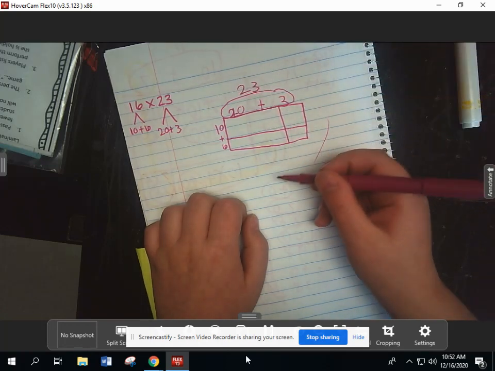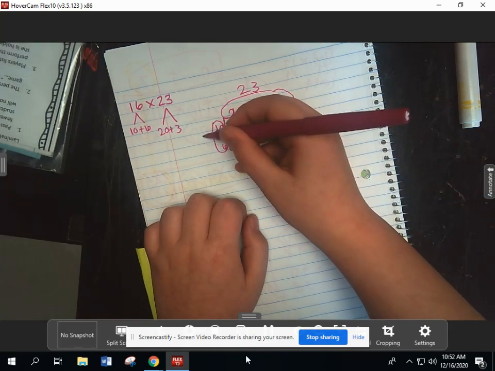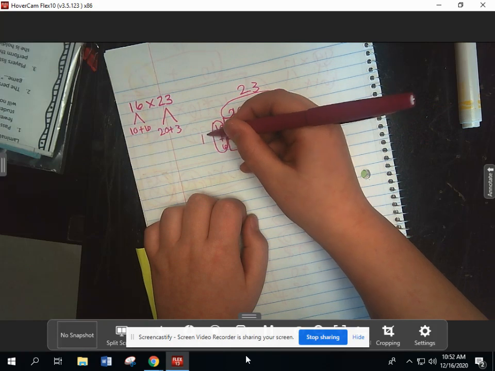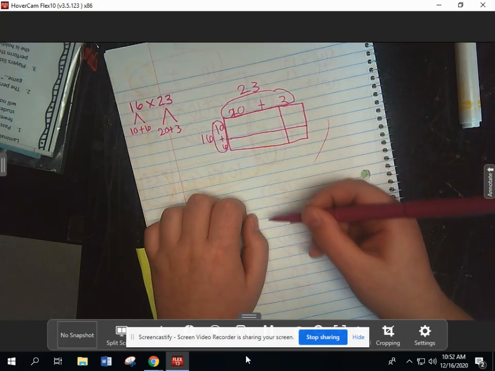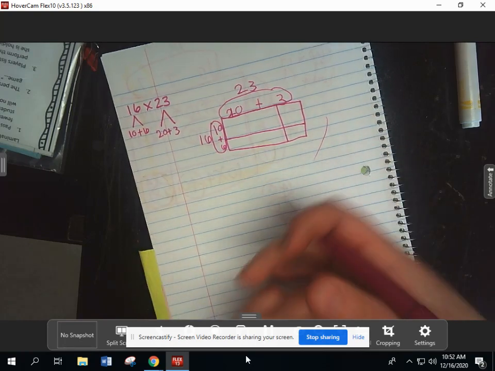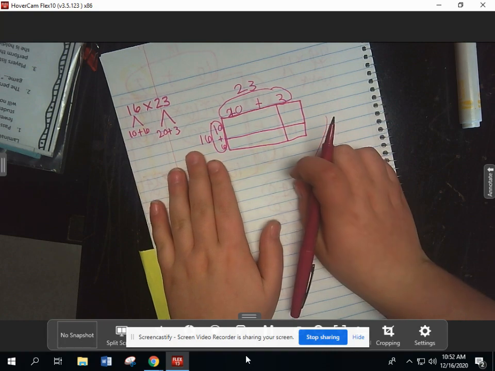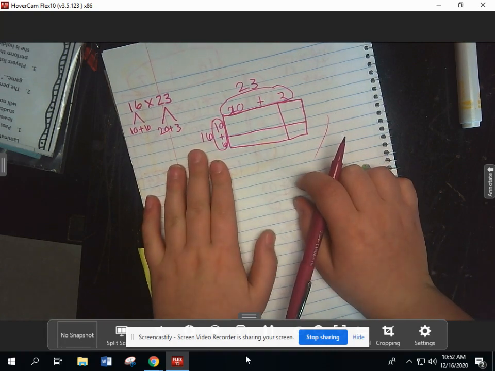Okay, good. I see a 23 in our original problem. Okay, good. I see a 16 in our original problem. Eventually, you won't need to do this. You'll have the procedure so down, you won't have to do that anymore.